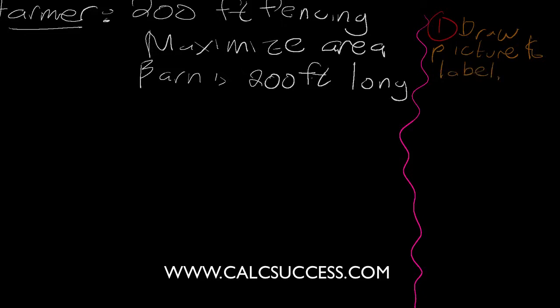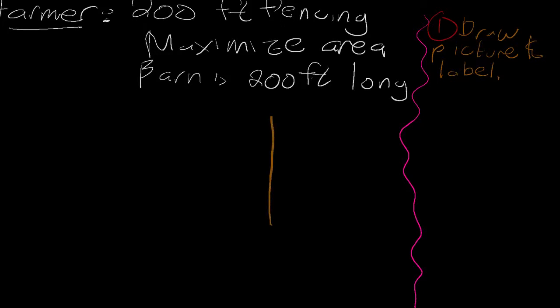Okay, so here we've got a barn. So let's say that this is our barn. Obviously you can see that my drawing skills are not very good, but this is our barn. I'll label it barn. Okay, and then on this barn we're going to have the fence. Let me make it look something like this.